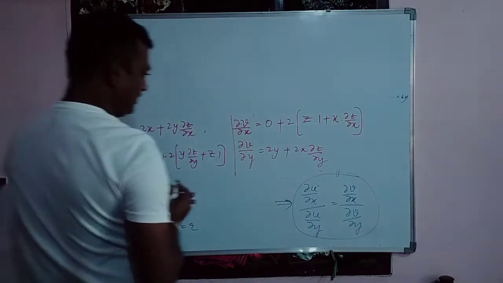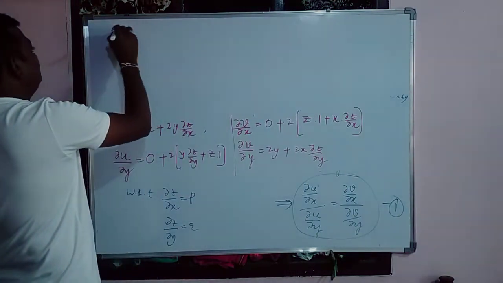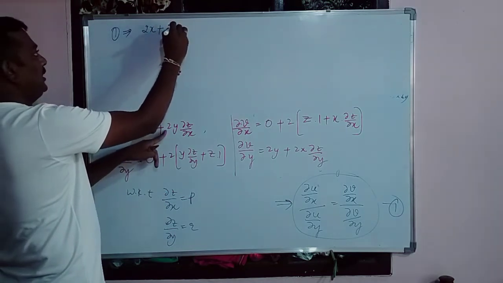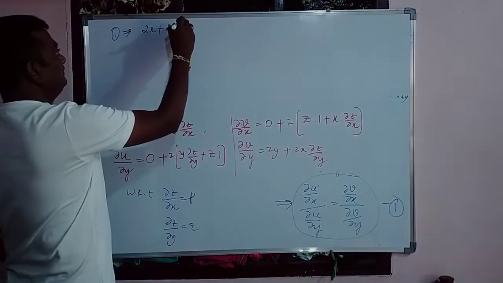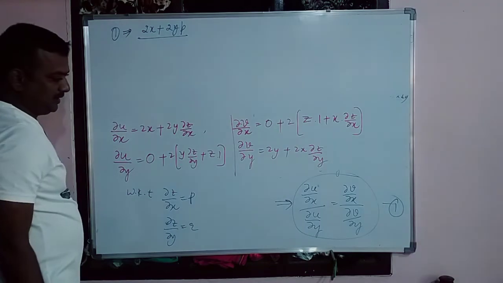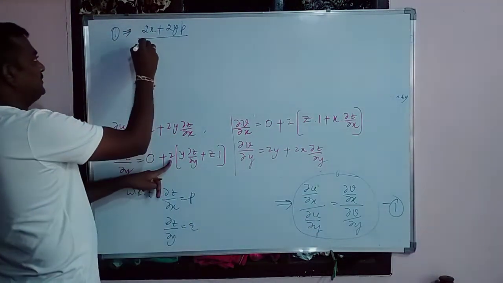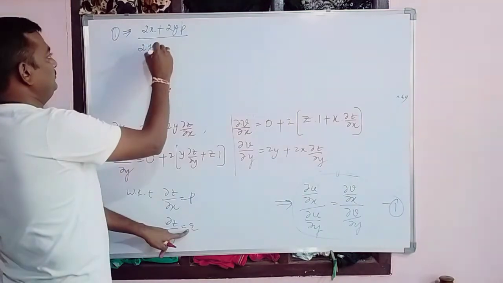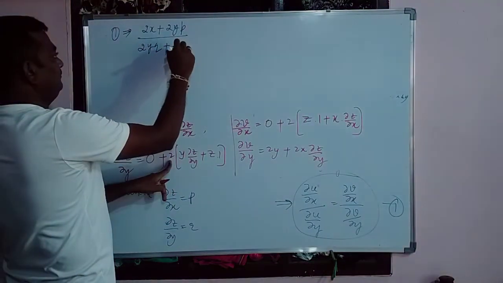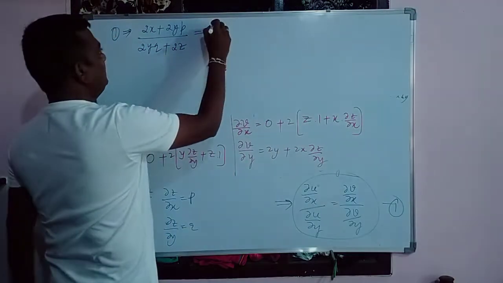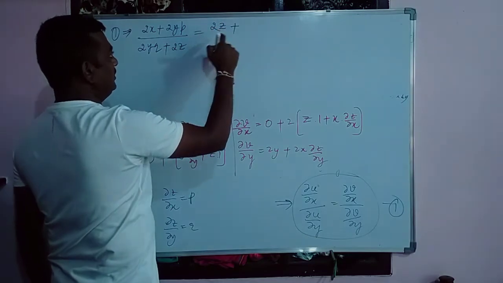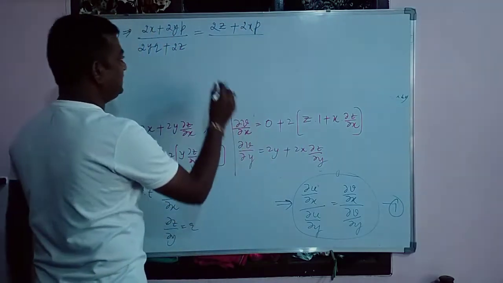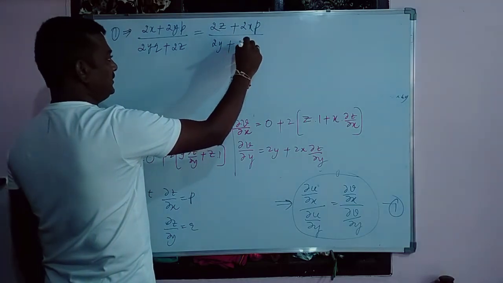Now, the equation becomes: dou u by dou x, whose value is 2x plus 2y times dou z by dou x, which is p, divided by dou u by dou y, which is 2 times y, dou z by dou y is q, plus 2 times z, is equal to 2 times z plus 2x, dou z by dou x is p, divided by 2y plus 2x q.